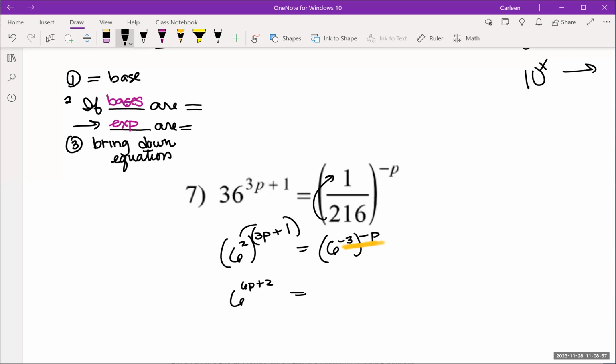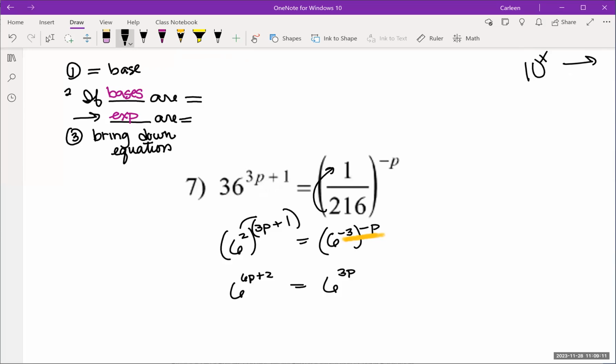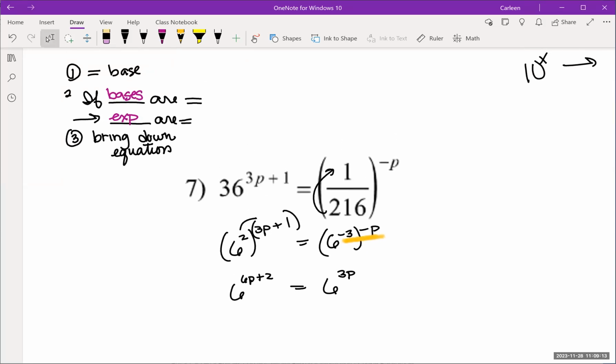That is why every week in your attendance quizzes, we've been practicing exponents. So I'm going to multiply those and I'm going to get positive 3p. So I have the same base. Next, if the bases are the same, then the exponents are the same.